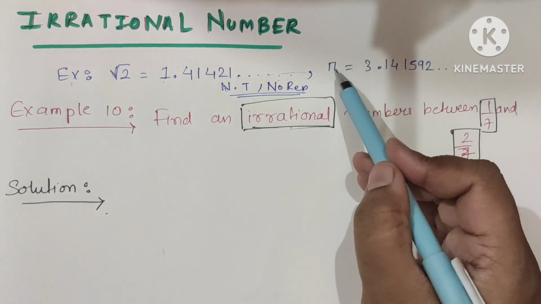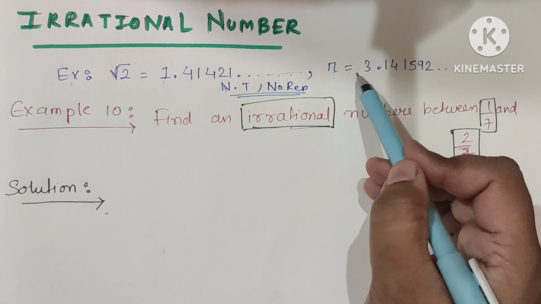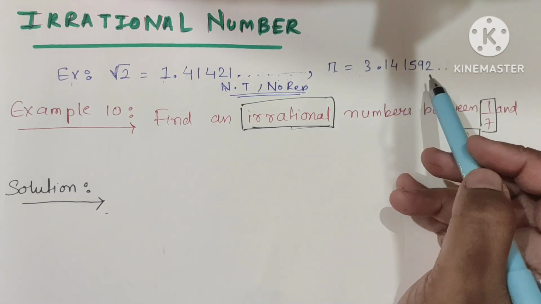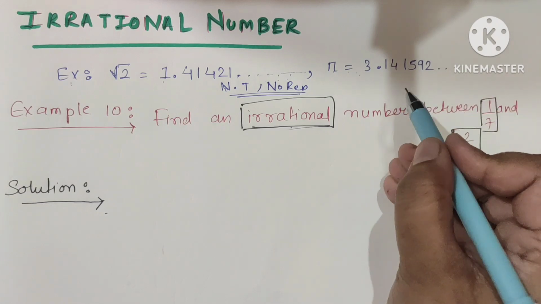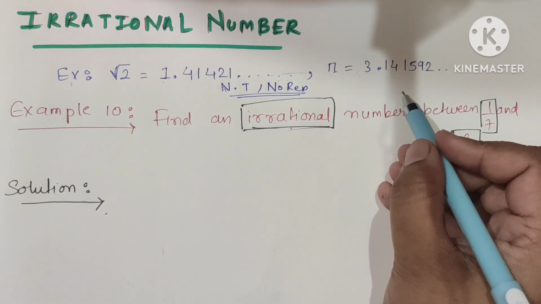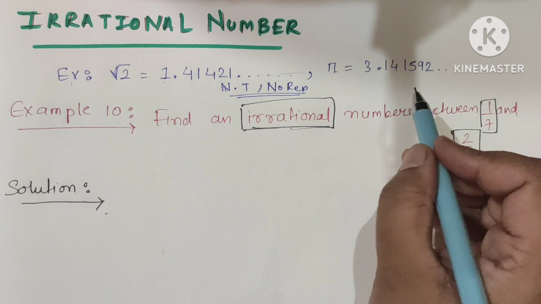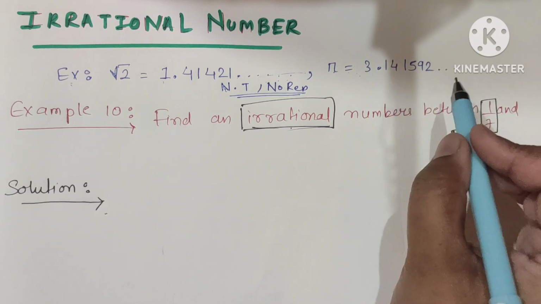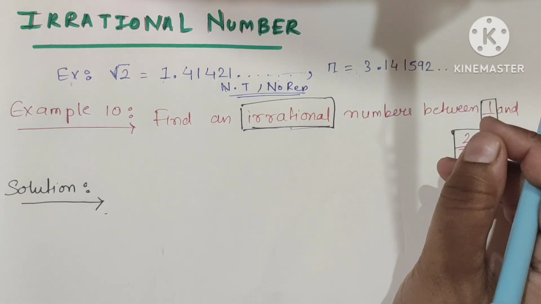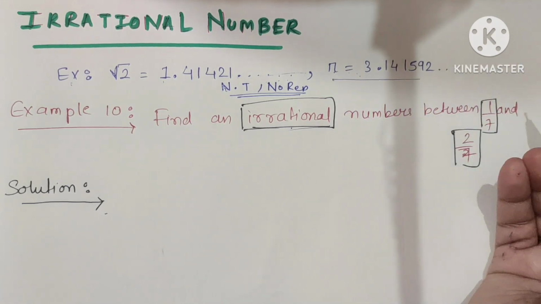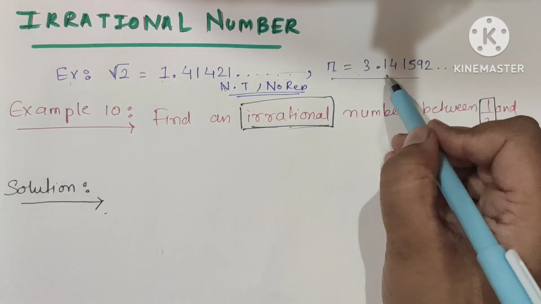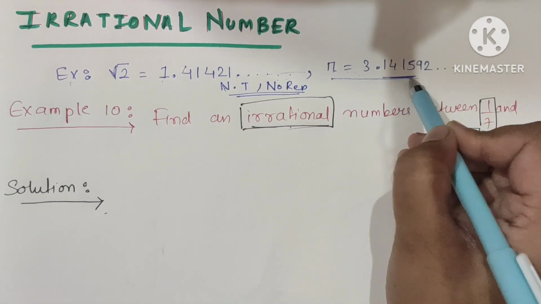Then pi, here pi is equal to 3.141592, and so on. In calculation, you take pi is equal to 22 by 7, but pi is not equal to 22 by 7. It is roughly taken to calculate some nearby digits after the decimal.